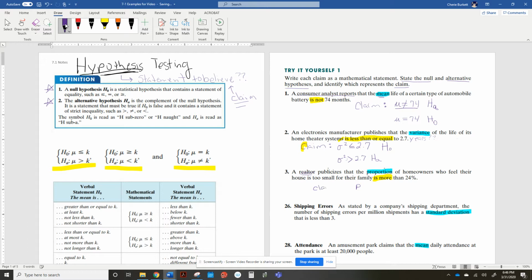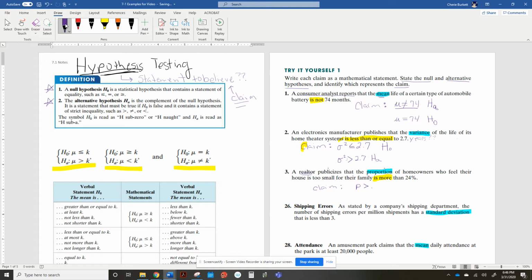Our claim is that the proportion, which we use P to stand for proportion, is more than. The symbol that we use for is more than, if you go over here and look for more than, it's this one right here. There's the symbol is more than.